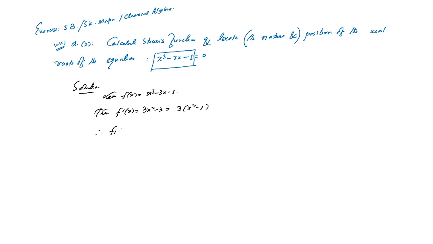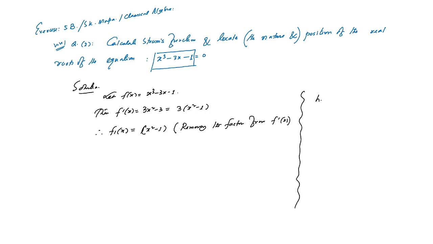So f1(x), which is exactly f dash x with the factor removed, equals x square minus 1.